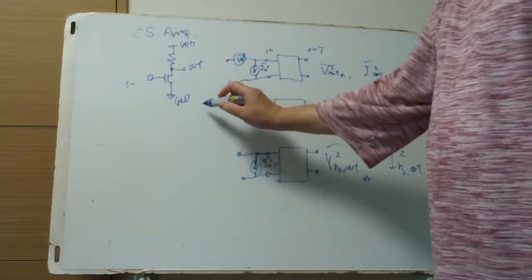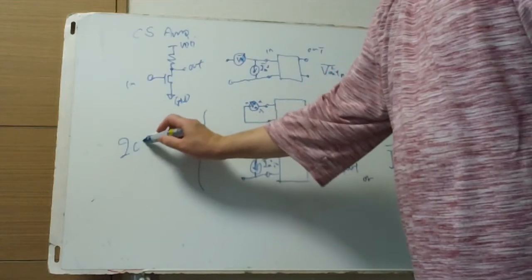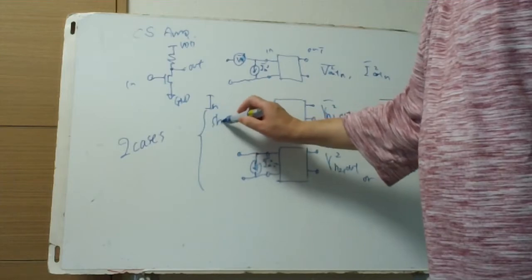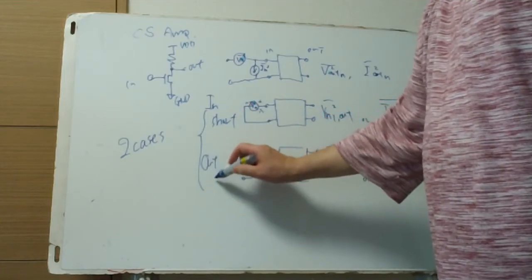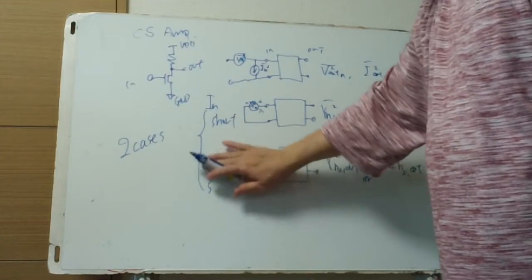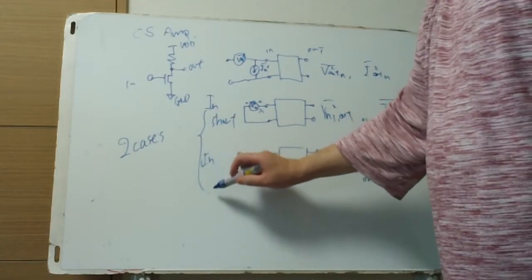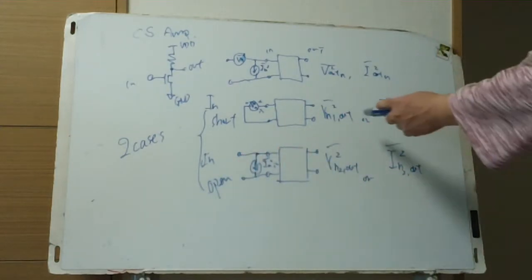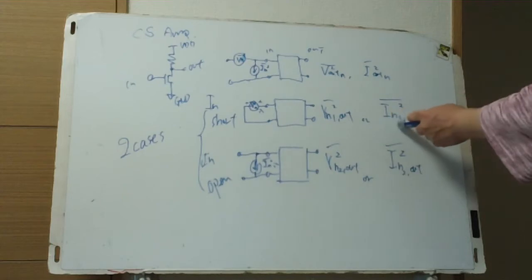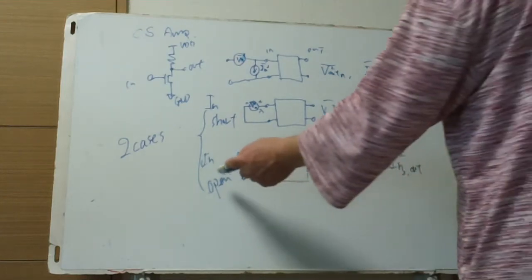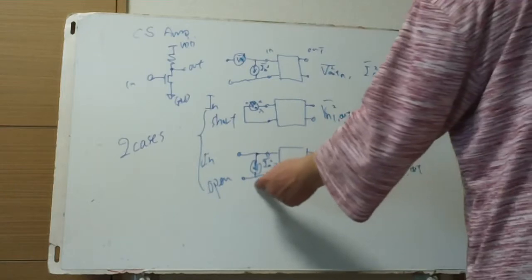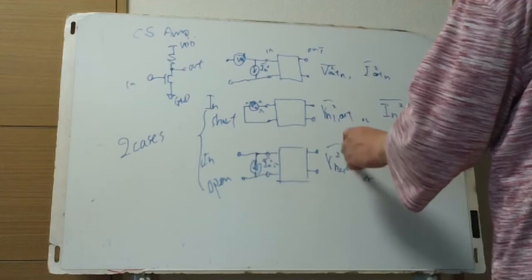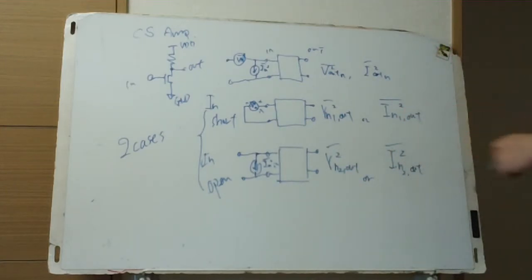Input short cases, two cases: we use input short or input open. When the input is short, we get Vn1 out or In1 out squared bar, and when the input is open, we get Vn2 out squared or In2 out squared.